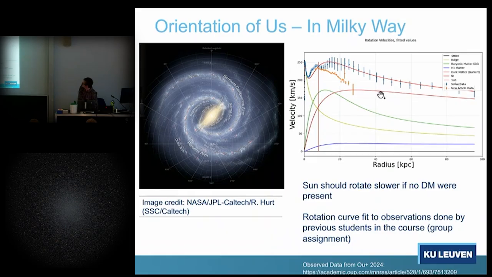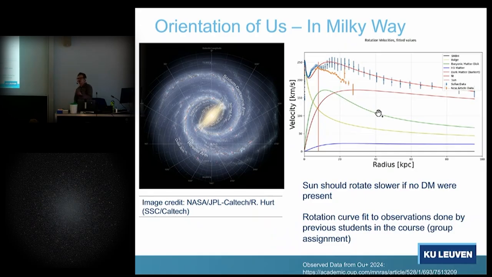And the velocity curve has various components in it. So, for example, if we had only the bulge, it would be like this. And if we included just a baryonic matter disk, so that's a disk of baryons, then the rotation curve should be something like this.